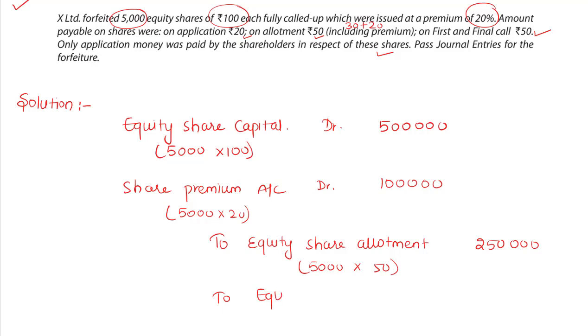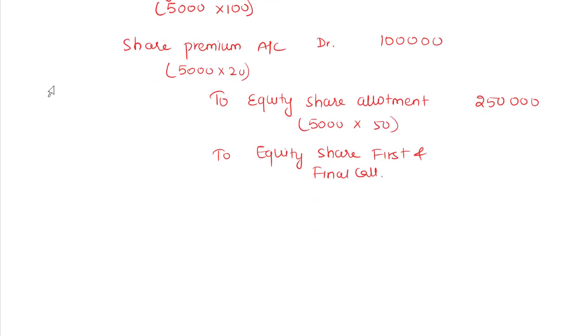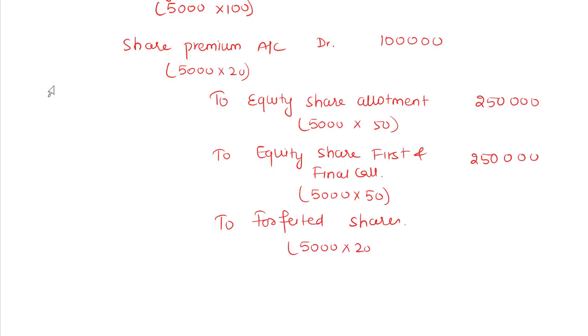To equity share first and final call, 5,000 multiplied by 50, that is 2,50,000. To forfeited shares, 5,000 multiplied by 20, that is 1 lakh.